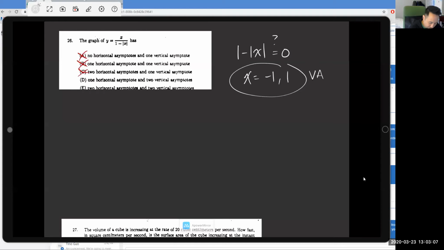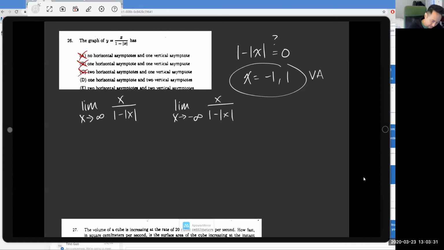Now, for horizontal asymptotes, we're going to take the limit as x approaches infinity and the limit as x approaches negative infinity. So we're taking the limit of x over 1 minus absolute value of x, and to negative infinity, the same equation, 1 minus absolute value of x.